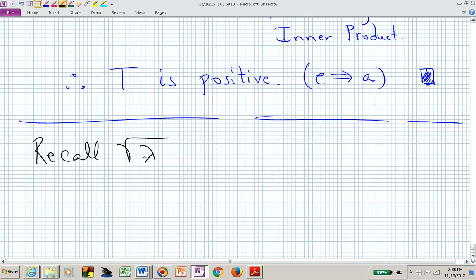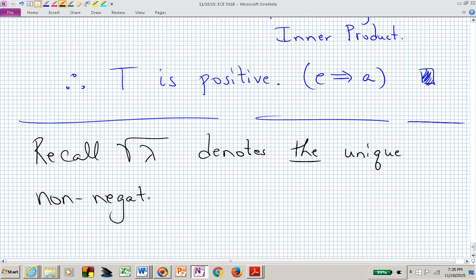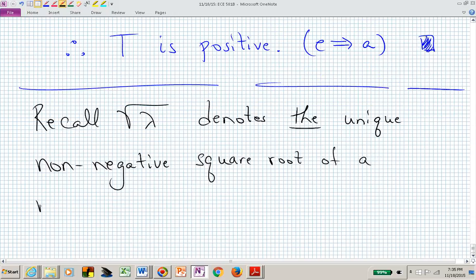Recall that the square root of lambda, by definition, denotes the unique non-negative square root of a non-negative eigenvalue lambda.